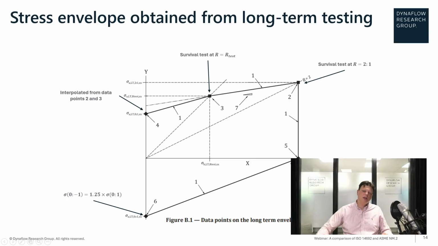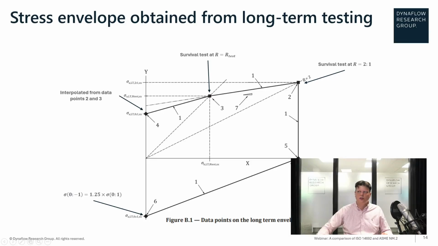From that, the compressive allowable is also determined, as well as the 0.5 here, the purely hoop allowable, which can be taken from the survival test at the 2-to-1 loading ratio. So basically, two tests are required to verify this envelope.